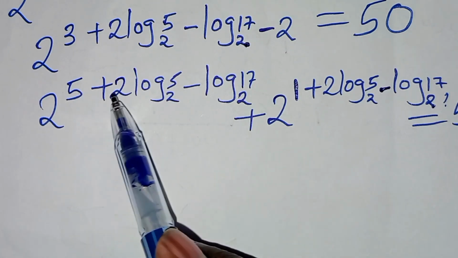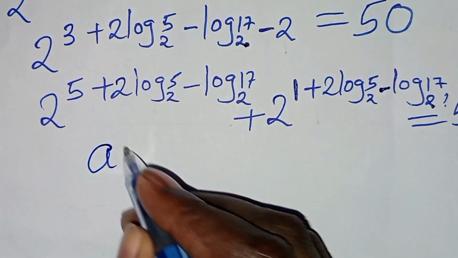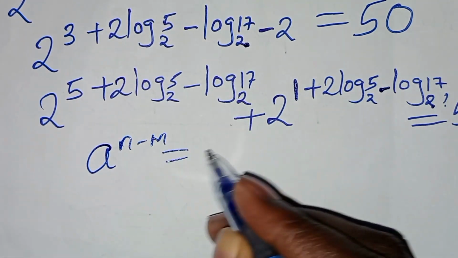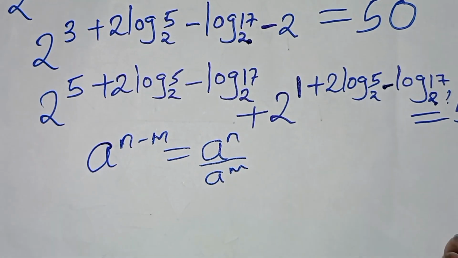So let's proceed from here. So 2 to power 5 plus 2 log 5 to base 2, subtract this, is in the form of a to power n minus m, which we can express as a to power n divided by a to power m.